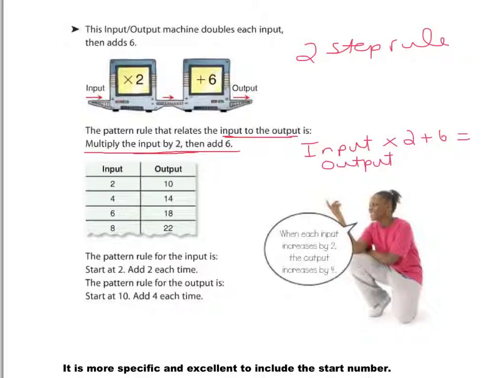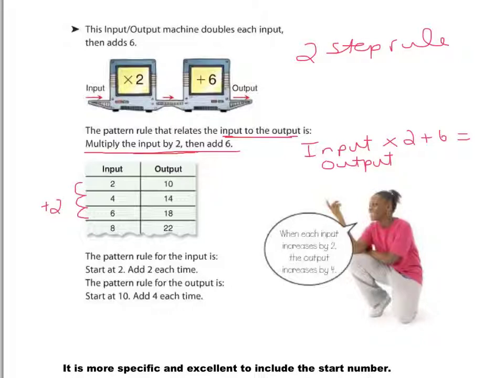Let's confirm that that is the case. 2 times 2 is 4 plus 6 is 10. Yep, that one works. 4 times 2 is 8 plus 6 is 14. Yep, that one works. 6 times 2 is 12, plus 6 is 18. Yep, that one works. And 8 times 2 is 16, plus 6 is 22. So that works.